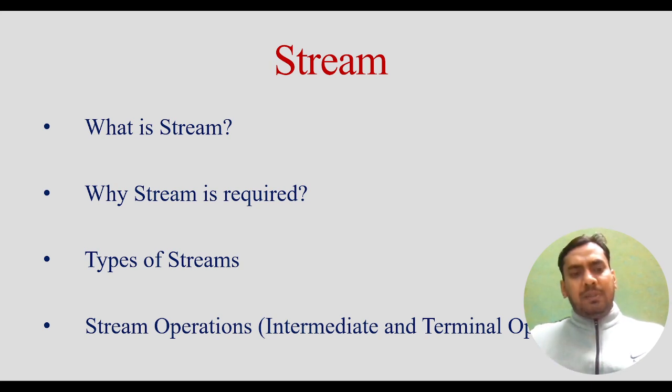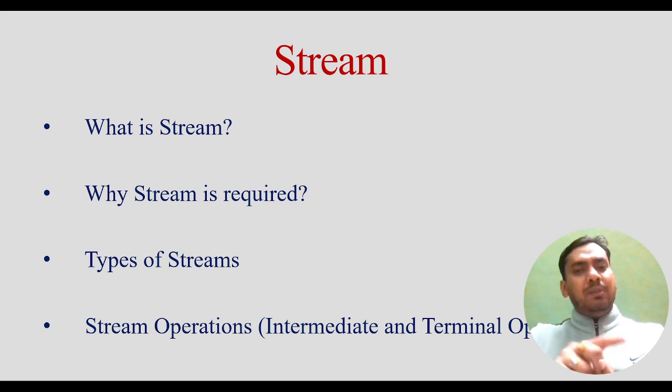Now we'll be talking about the operations. The first thing that I would like to introduce here is that stream is immutable. It simply means that once a stream is created, it cannot be modified. Similar to the String class in Java, where string objects are immutable, meaning changes within that object are not allowed.